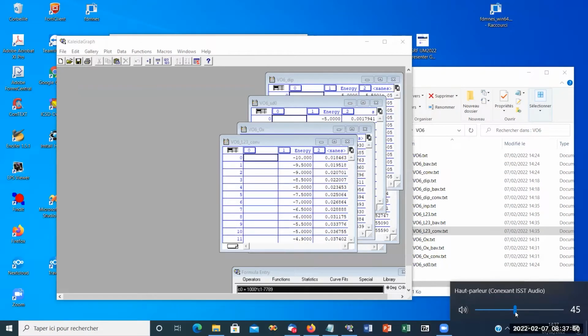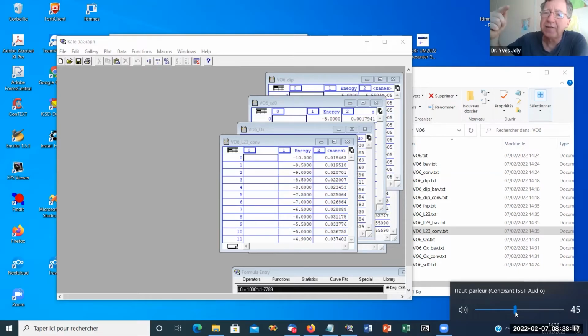Exactly, yes. Indeed, the code, in fact, is a bit stupid. In the first part of the calculation, the code calculates all the transition matrix elements, all the probabilities of transition from the 1s, for example, to the valence and conduction band states, to all the possible states, without thinking about where the Fermi level is.